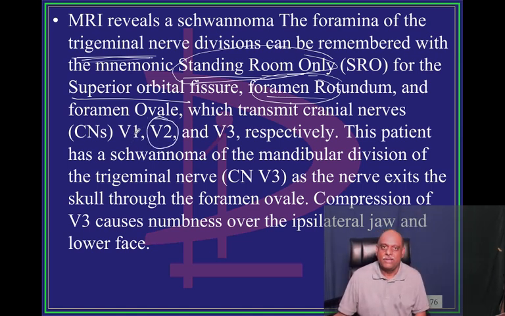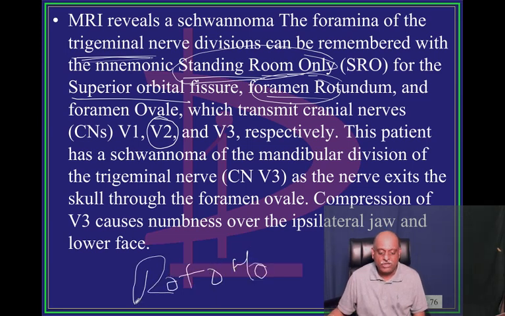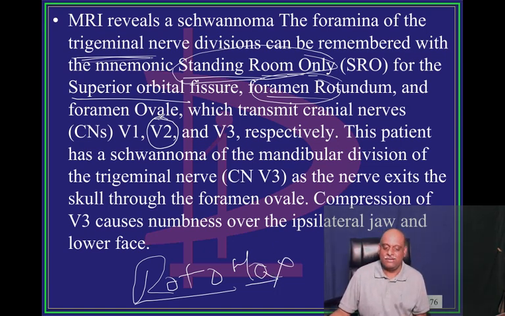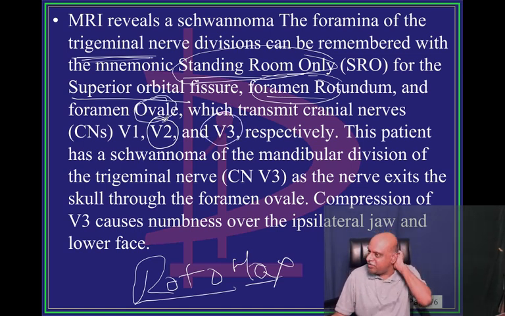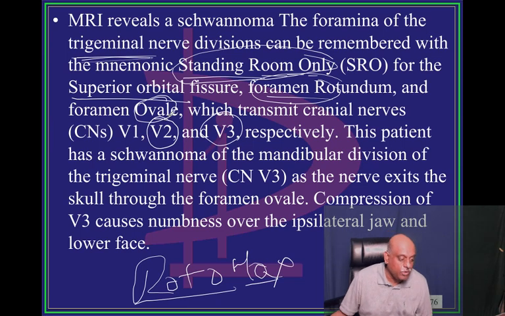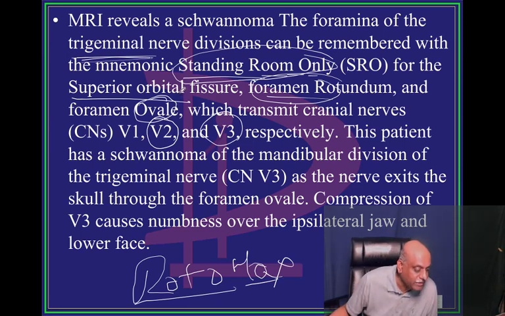You can also otherwise remember Rotomax. Rotomax is a pen. Rotundum is maxillary division. Ovale: through that passes the third division of the trigeminal, which is the mandibular division, is what you need to remember.